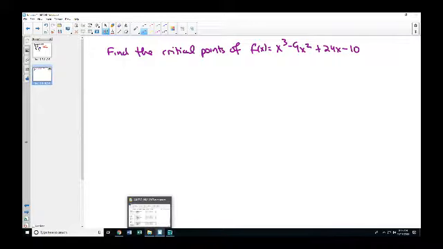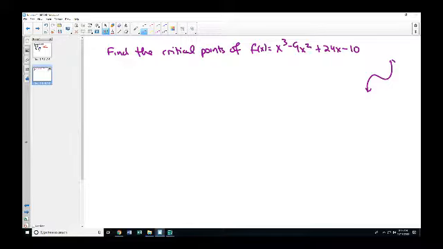Is there anywhere that it's not differentiable? Remember what cubics look like? Your parent function knowledge? Yeah, this is going to look like that, right? Is there anywhere that it's going to be not differentiable?